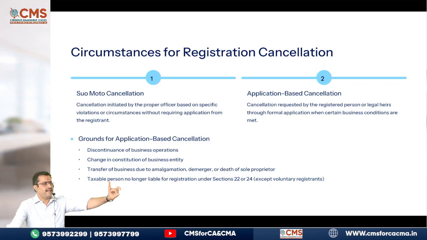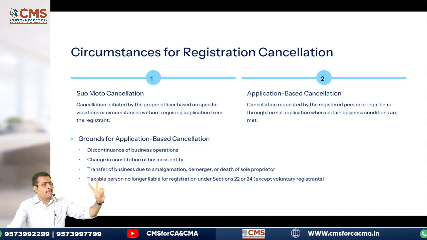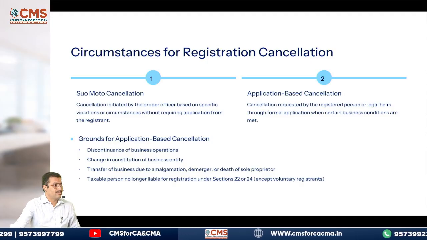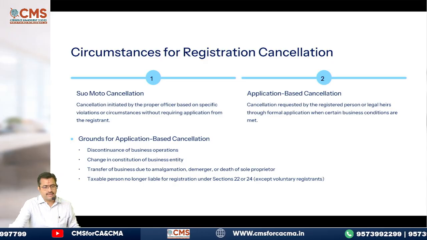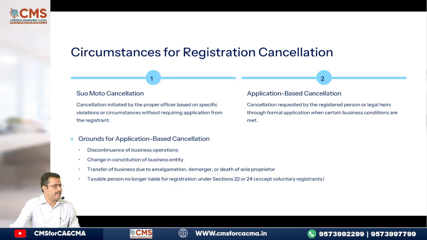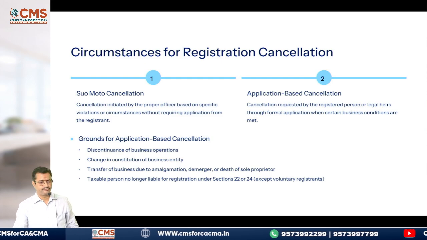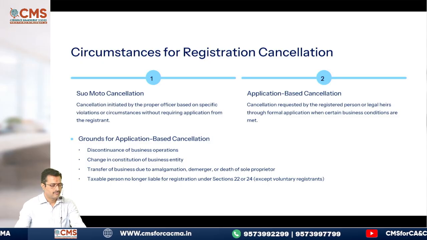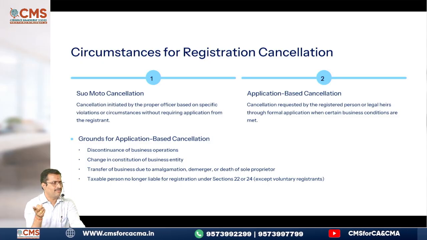Number one, I discontinued my business. Number two, the taxable supplies have become exempt supplies. No, I am not required to register. Then third, change in constitution. Just now we said, the business entity changes, and the complete registration has to be changed. I told, no, a partnership firm getting converted into LLP.